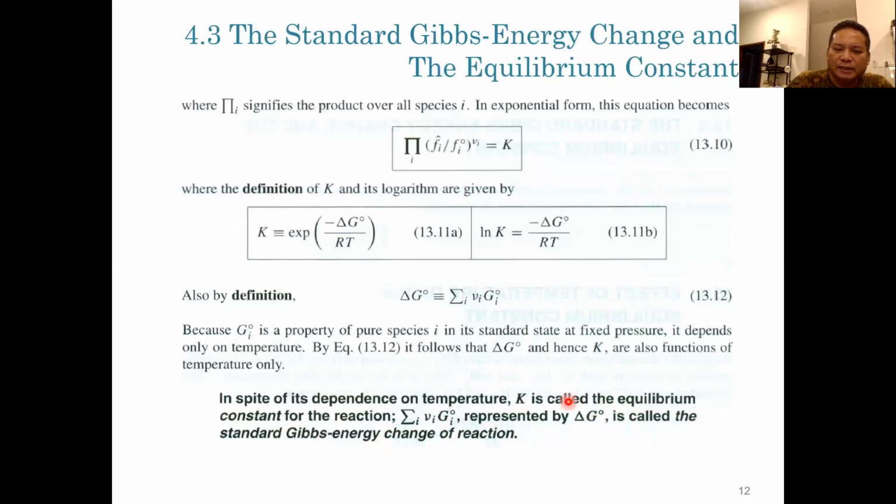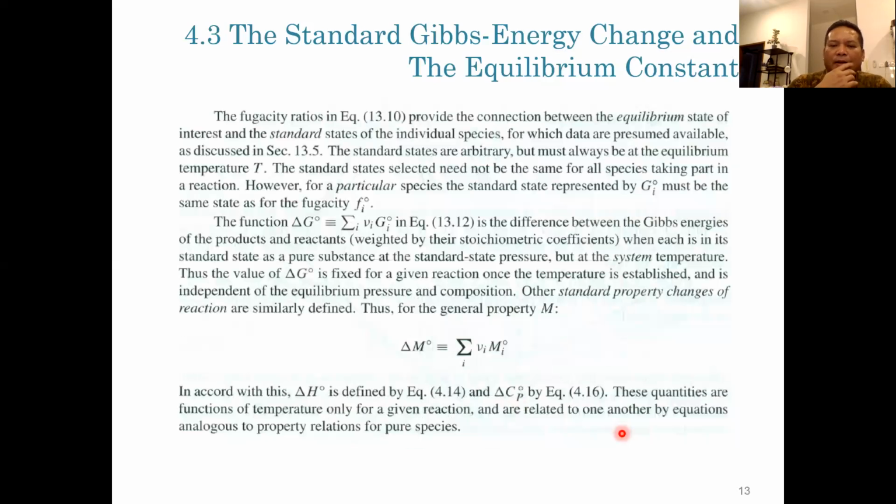So this is the standard Gibbs energy change of reaction. Again, as in the previous lecture, for the molar properties we can write delta M naught equal to the sum of nu_i M_i naught.